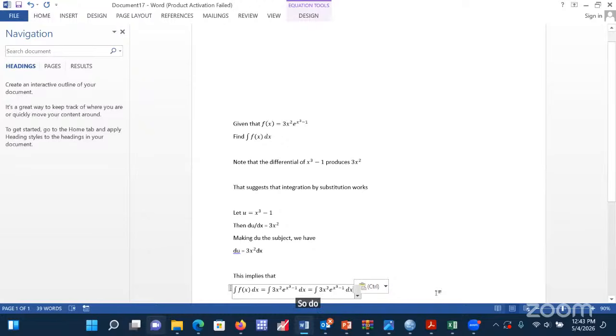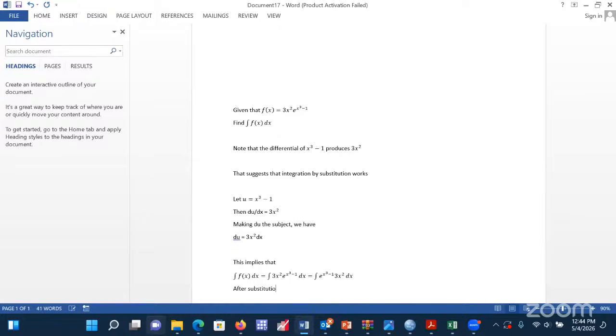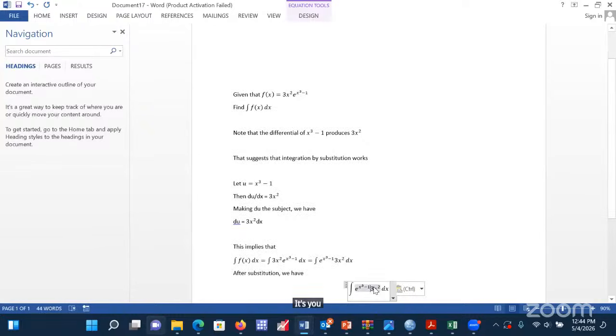So do you agree? 3x squared dx is du. Can you see it? Which implies after substitution, we will have the integral, the whole of this is u.